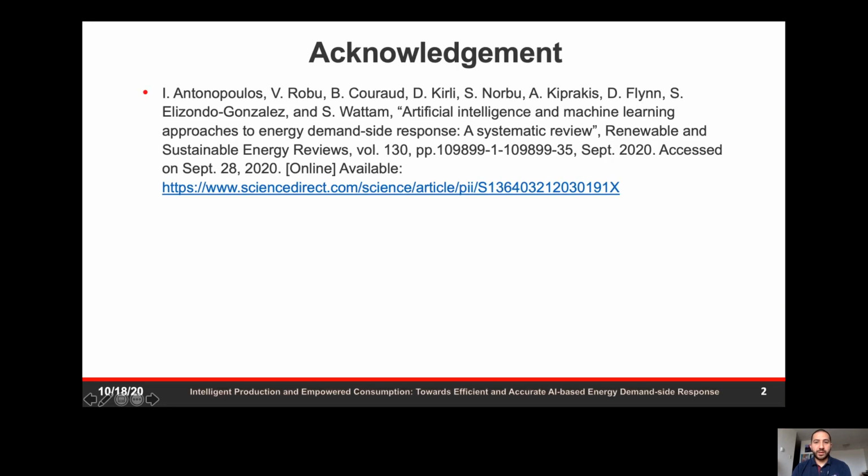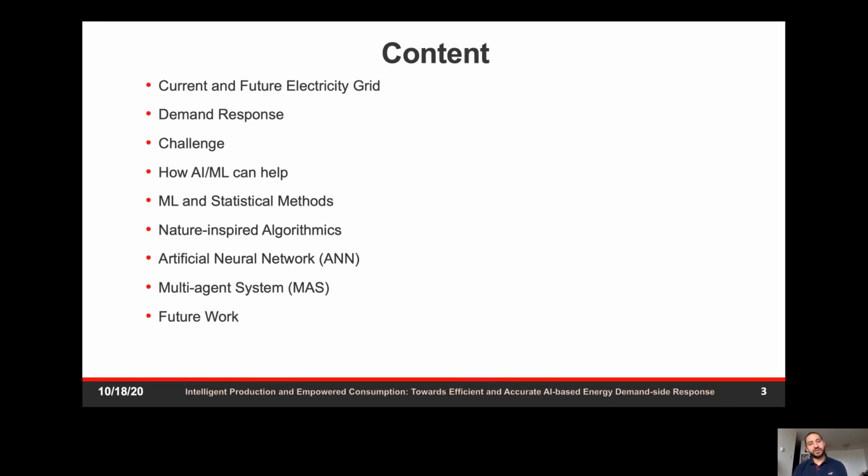So this presentation is based on a journal article, which was a survey done about artificial intelligence and machine learning approaches to energy demand-side response. I'll talk first about the current state of the electricity grid and the future state, where we're going, and where we're seeing initial discoveries and initial applications of existing projects, and what they're working on for current deployments.